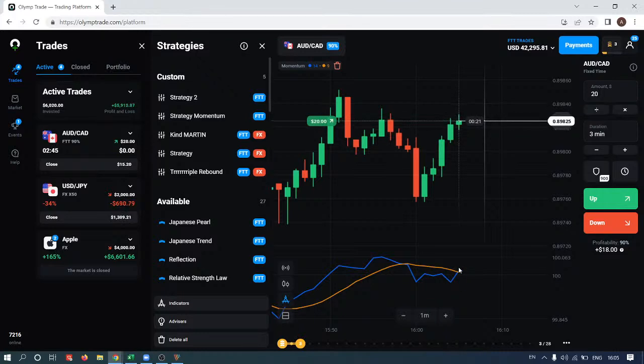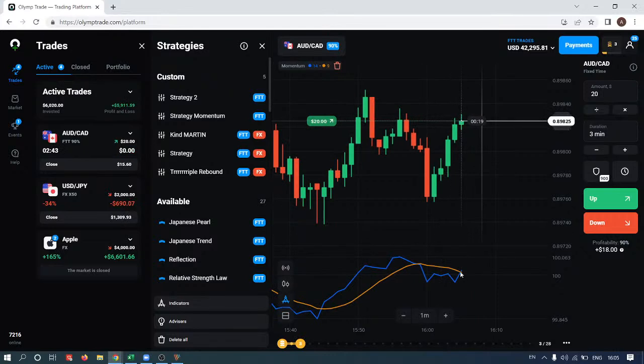If you want to know the essence of this indicator, the 14 line, the blue line, tells us the ratio between the current price and the price 14 candlesticks ago.